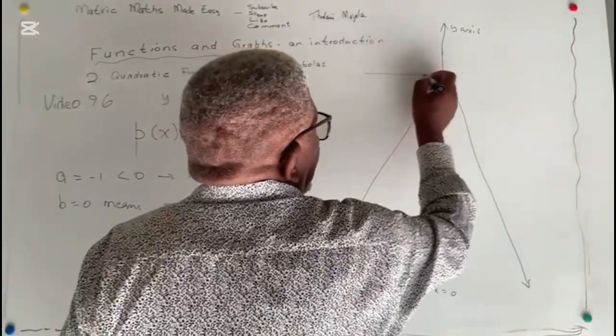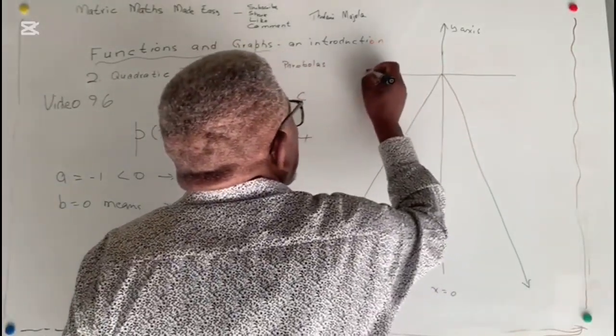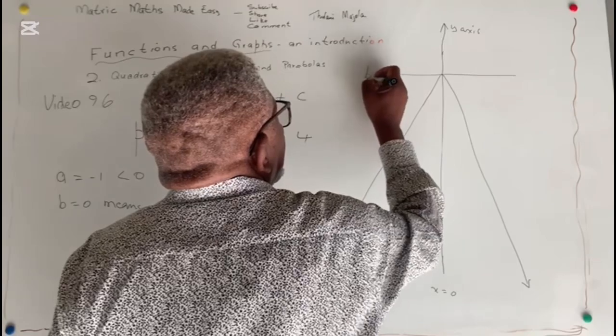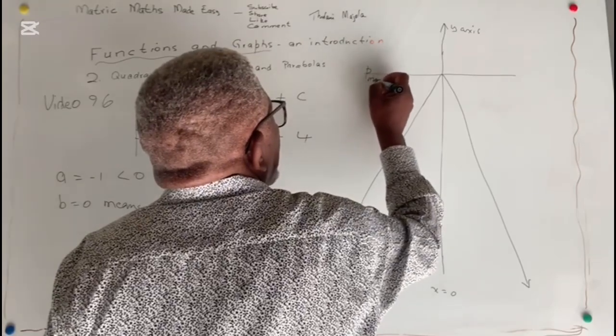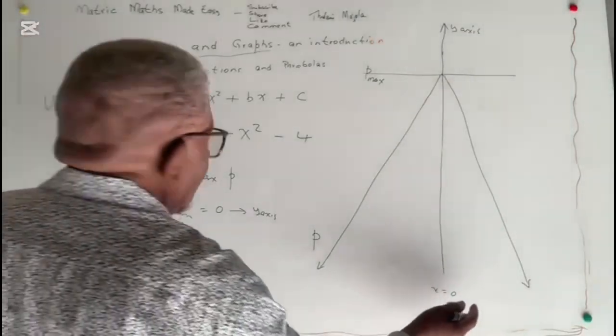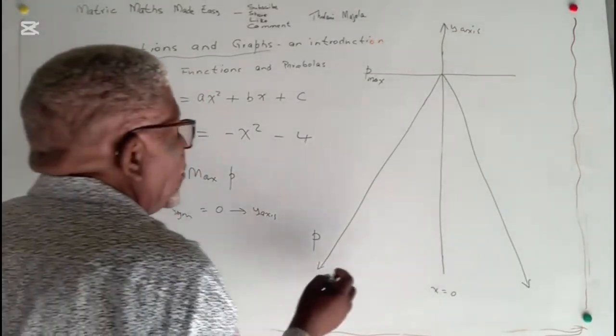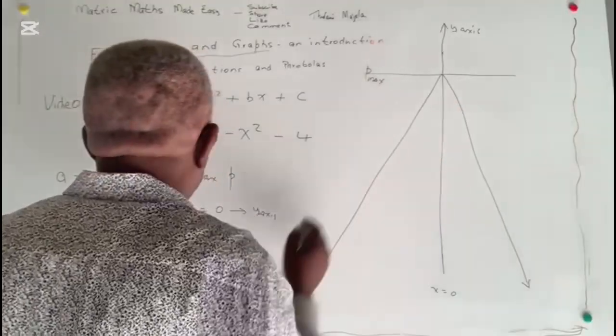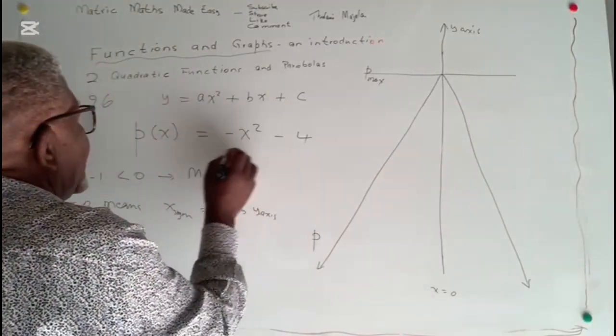So your maximum p is when x is equal to 0.